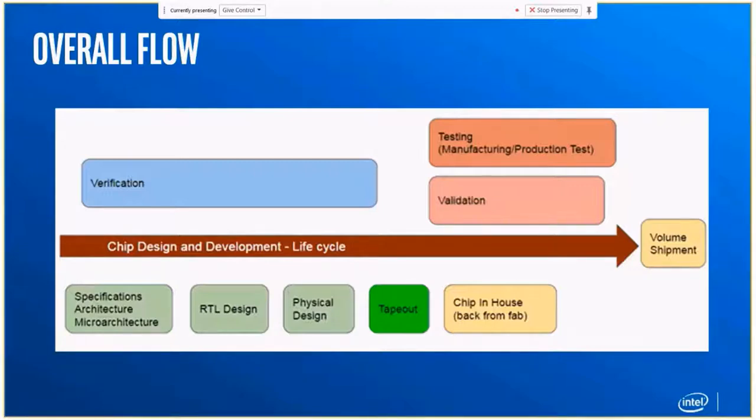The chip in-house back from the fab is what the post-silicon bring-up is basically about. So in simple terms, you basically get the sample in the house, so you are going to put it into a board and power up the board, make sure all the components in the chip work, right? That's what it boils down to.